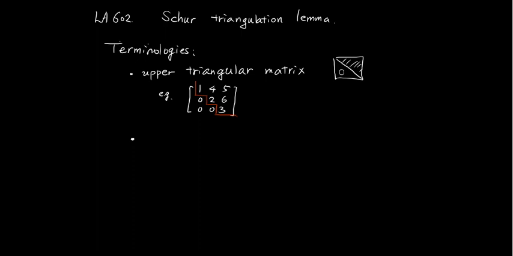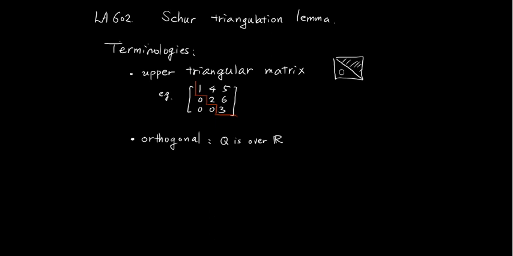Secondly, we just want to emphasize again what orthogonal matrices are. A matrix Q is orthogonal means that Q is over the reals, just a term meaning the coefficients are real.